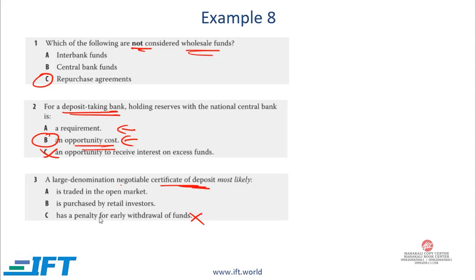So we are left between A and B. And as we discussed, with a negotiable CD, the depositor has the option to sell this in the market to another investor. So these negotiable CDs are traded in the open market. The best answer therefore is A.